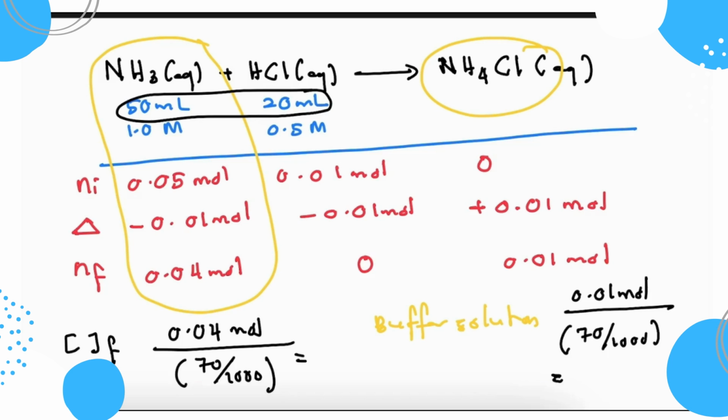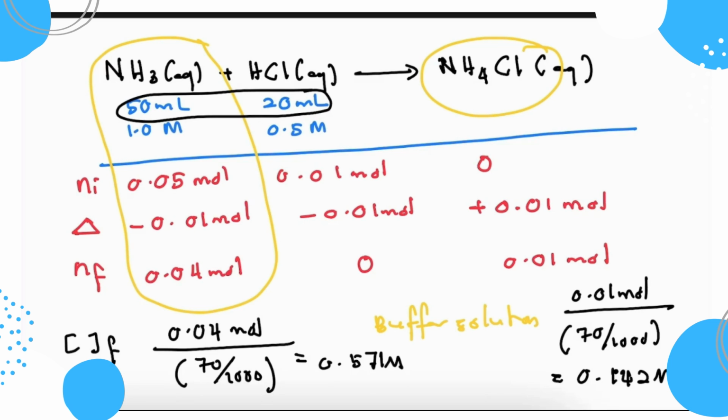Okay, so this is 0.571 molar, and this is 0.142 molar. So ammonia is 0.571, and ammonium chloride is 0.142 molar.